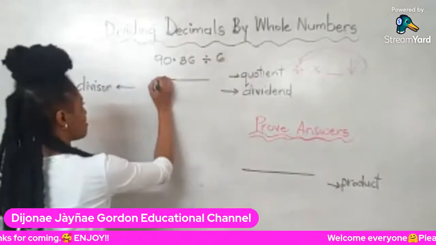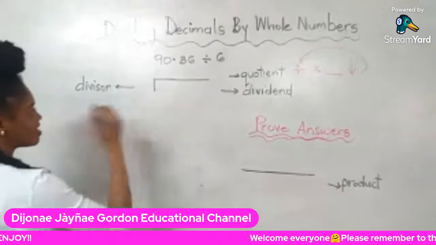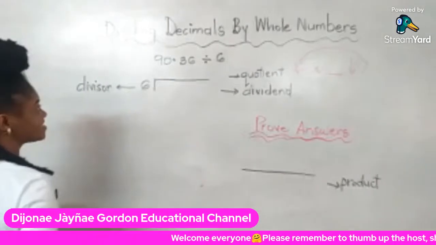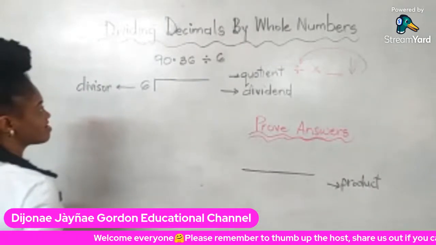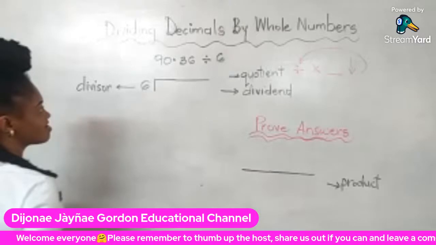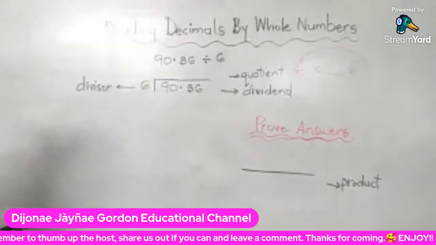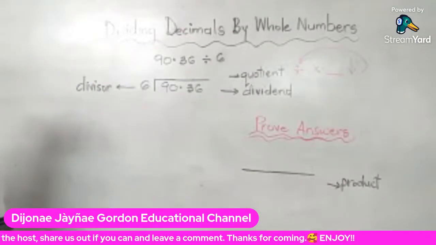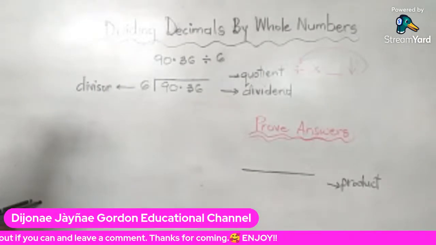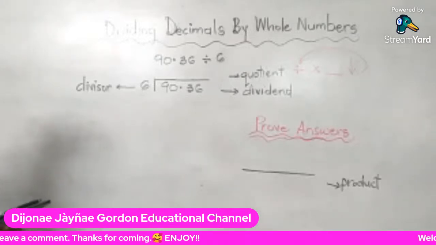So in that problem, 6 is your divisor, and 90.36 is known as your dividend. So look carefully at the problem that you have.